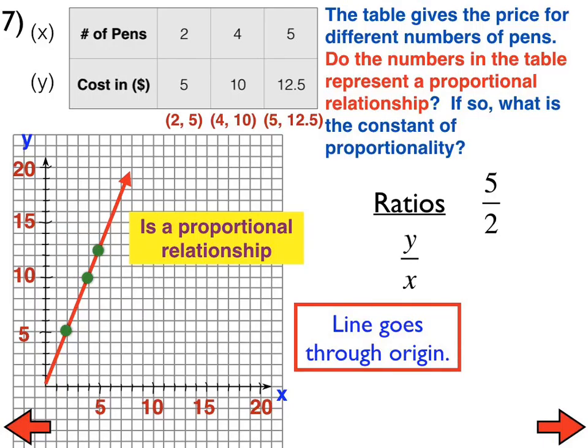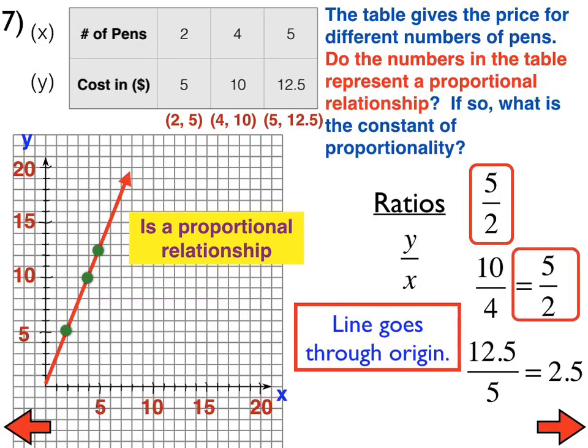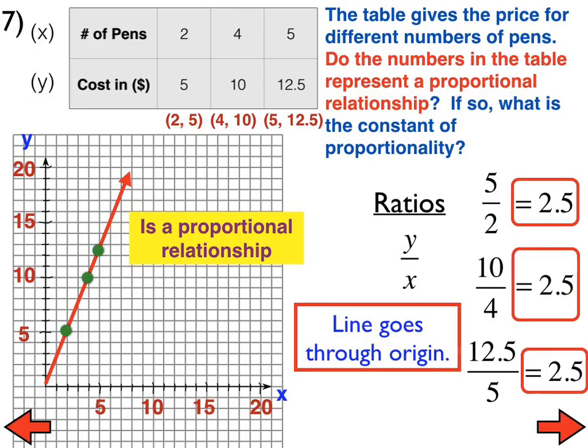Okay, it's easy to find what K is if it happens to go through a dot, but this one doesn't, so you have to use ratios. 5 over 2, 10 over 4, which is 5 over 2, and then the last one is 2.5. Let's make them all decimal so that we can tell. This is also 2.5 and 2.5. Are they all the same? What is K? 2.5. Ratios are equivalent, 2.5.